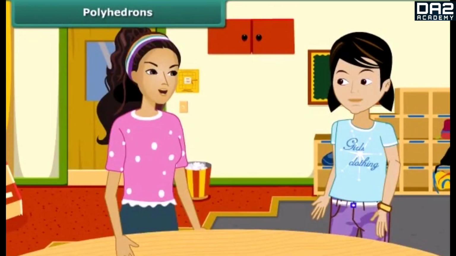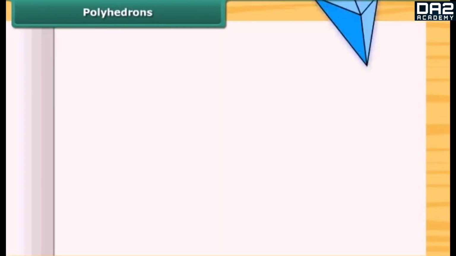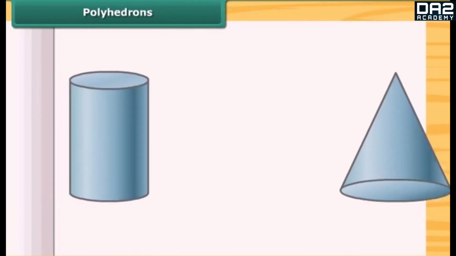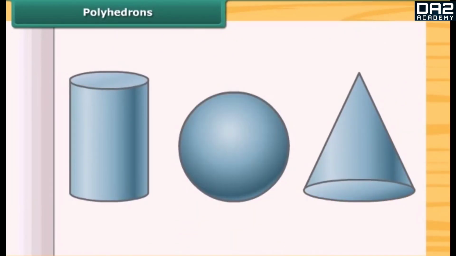Do you know what we call a solid having flat faces, edges and vertices? No. Those solids are called polyhedrons. These all solids are polyhedrons. Are these objects polyhedrons? No, these are not polyhedrons. You are right.